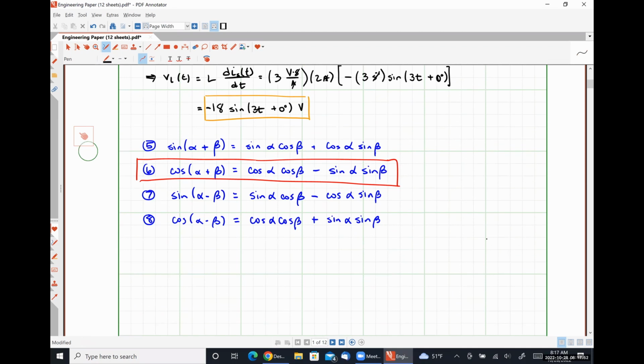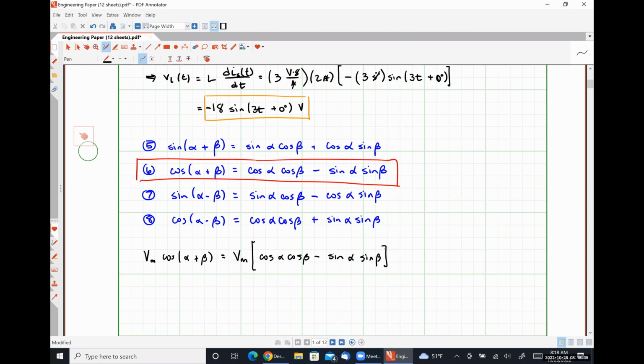So I can say that Vm cosine alpha plus beta is equal to Vm multiplied by cosine alpha cosine beta minus sine alpha sine beta, like so.